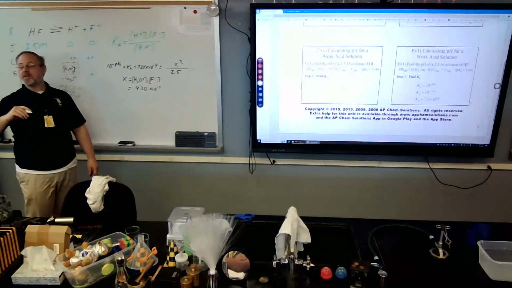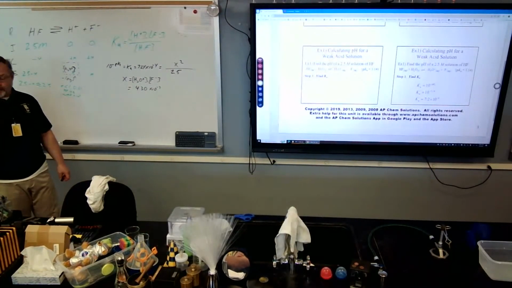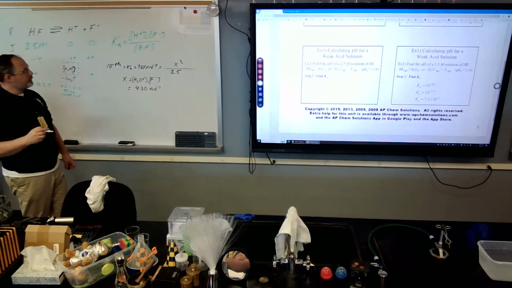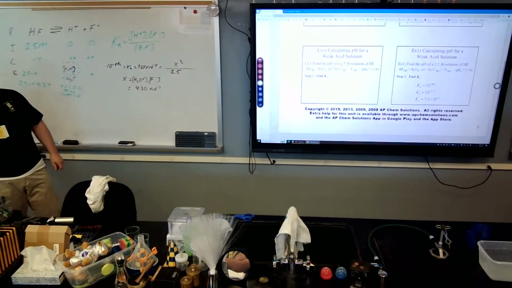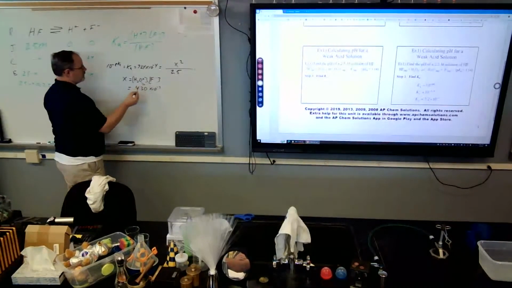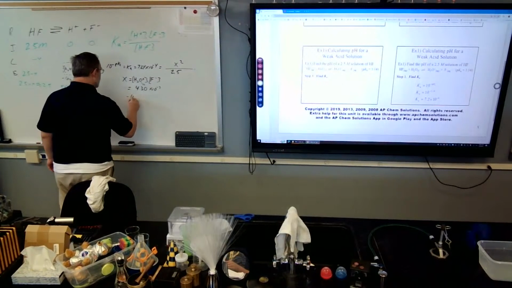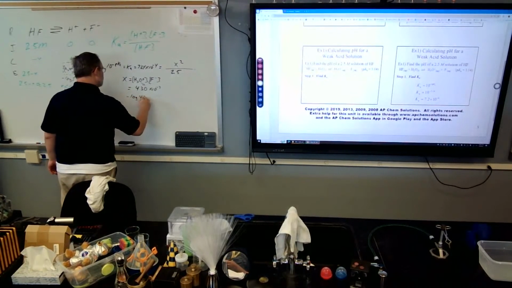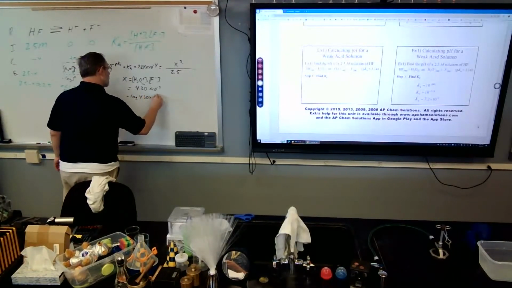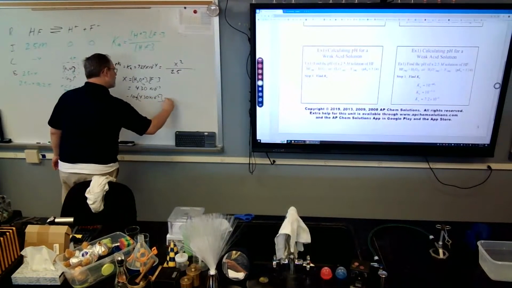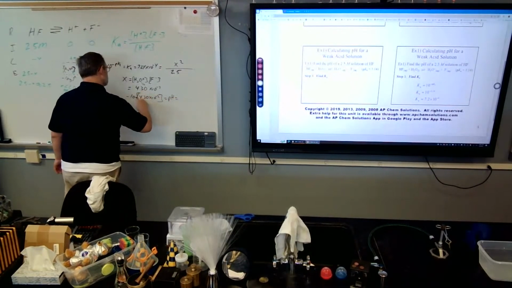So that is the hydronium ion concentration. If we want the pH, what do I do? Take the negative logarithm of it. So go ahead and do that. Take the negative logarithm of 4.30 times 10 to the negative 2, and that will be our pH.